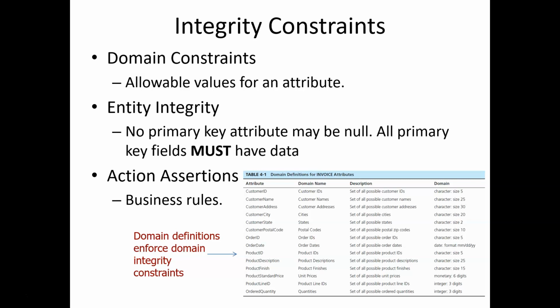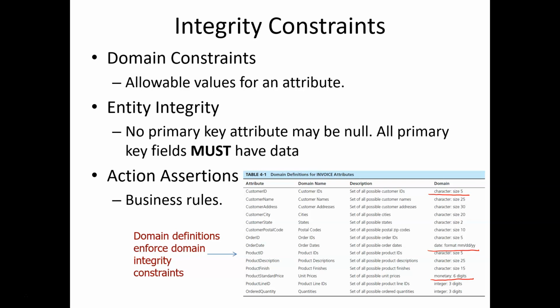This picture shows you the domain constraints for fields. For example, for the customer ID field, the domain is character size 5, which means you can have 5 characters in the customer ID. For standard price, the domain is monetary, 6 digits, so it cannot have more than 6 digits. For order date, the domain constraint is that the date format is 2 digits for the month, 2 digits for the day, and 2 digits for the year.